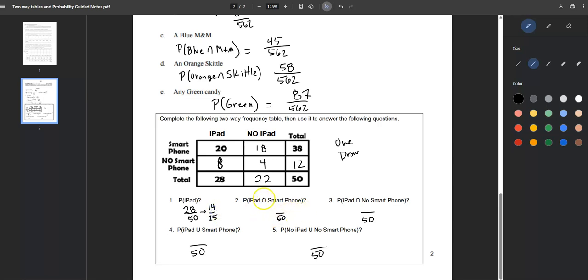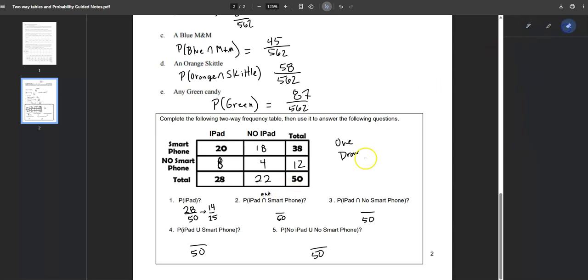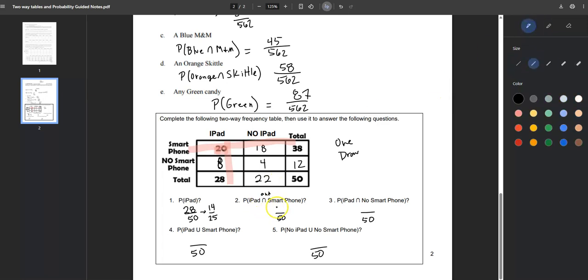Okay, iPad, and then this is and, or intersection. So again, this is where I do the intersection lines. So this would be anybody that has an iPad and a smartphone. That'd be that 20 that goes right there as well. So this would be 20 out of 50, which would be 2 out of 5.